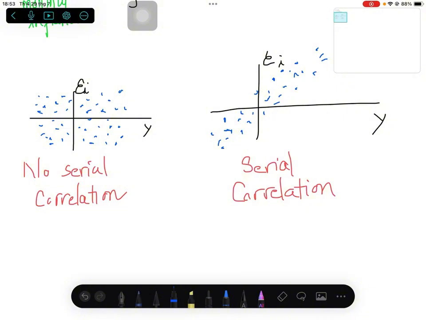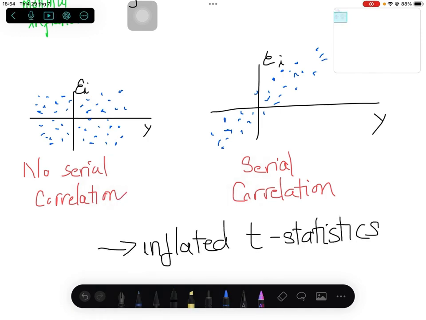Why is it a problem? Again, the regression coefficients themselves remain consistent, but the standard errors become too small. Just like heteroskedasticity, that creates inflated statistics, which again increases the likelihood of type 1 error.